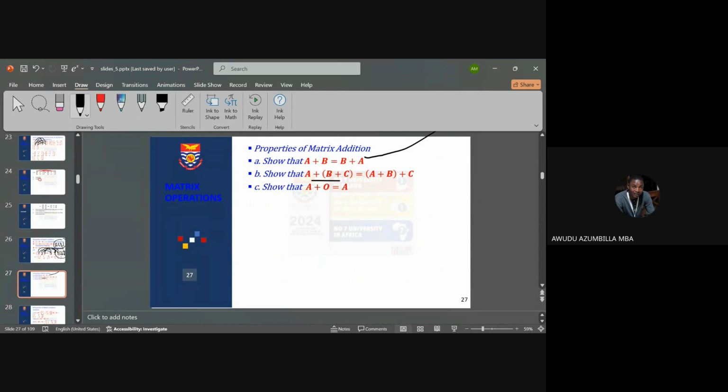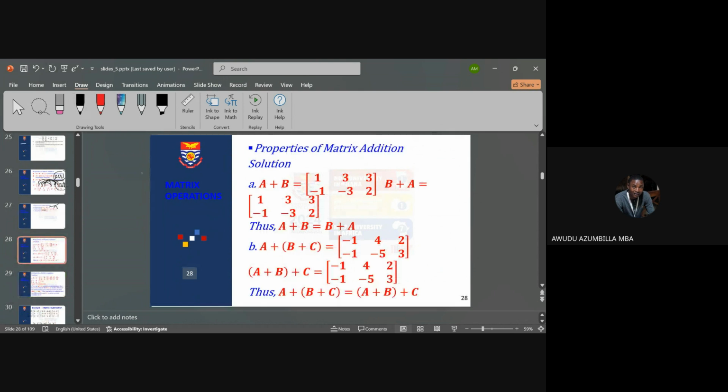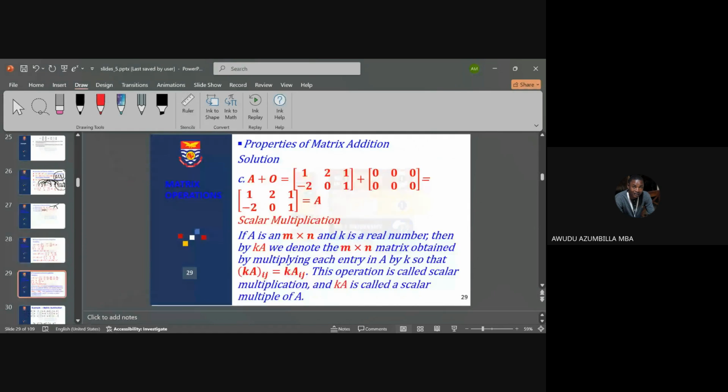For the associative property, first add B plus C, then add that result to A. Then you come to the other one, add A plus B first, then add the result to C and see whether they are going to be the same. Okay. I think we've even done it here. So you can see that they are all the same if you add them.